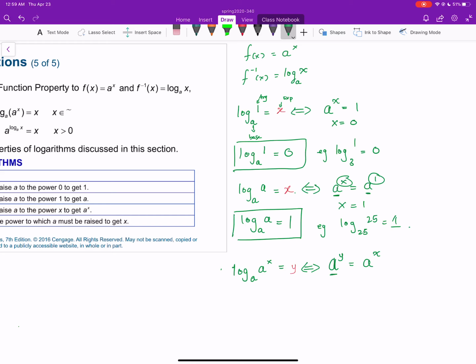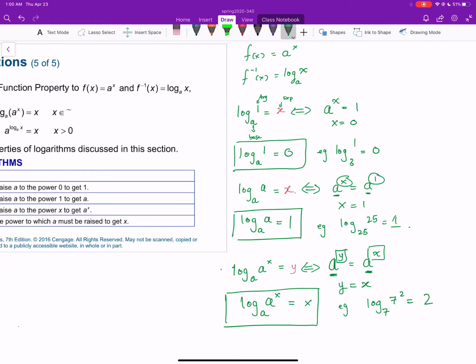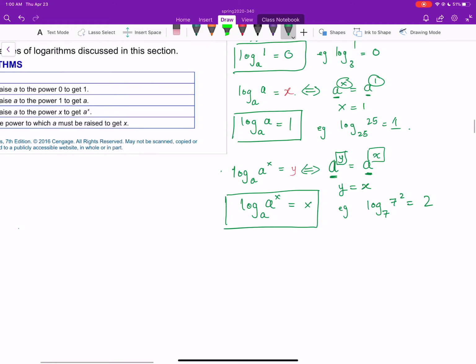Well, clearly I have the same base, and if it's equal, then the powers must also be the same. So y is equal to x. In this way, we can now claim that log a of a to the x returns us back x. Again, this is another fact that you can hold on to and use. So for example, if I gave you log 7 of 7 to the 2, then that's just 2.